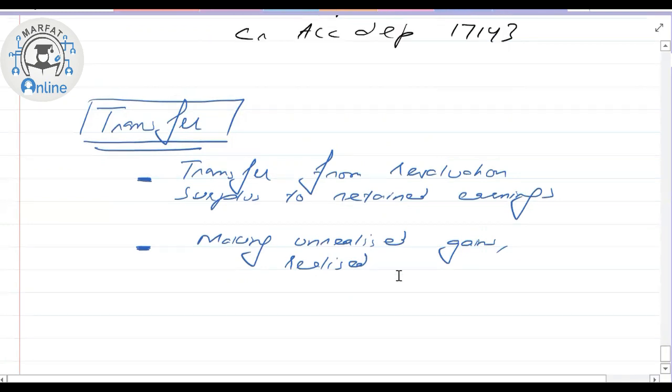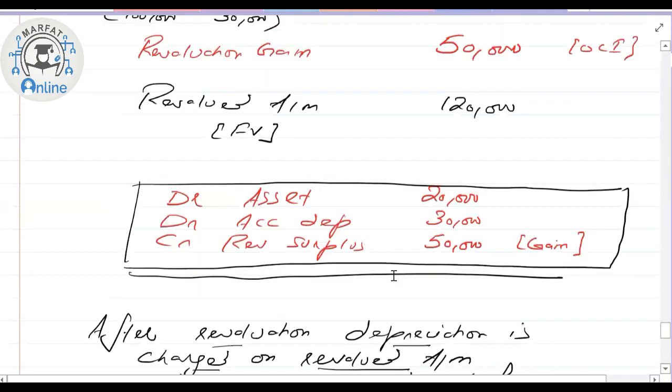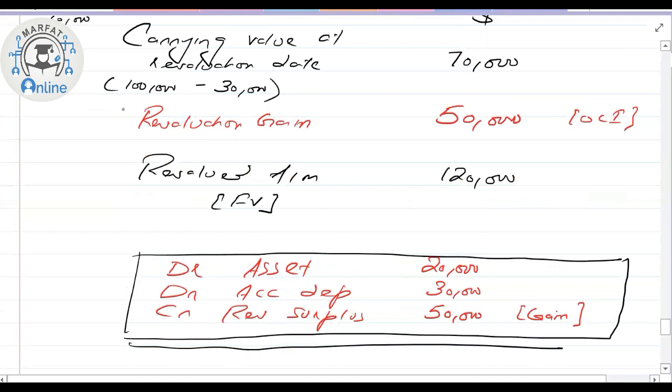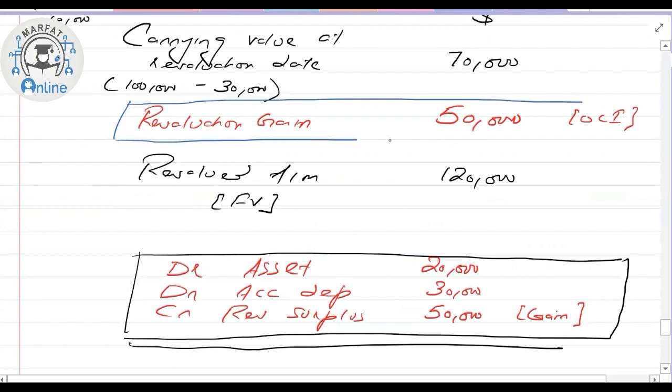Look, in this question we had a revaluation gain of 50,000. This revaluation gain is recorded in other comprehensive income. And we know this other comprehensive income comes under the profit for the year, and these are known as unrealized gains.